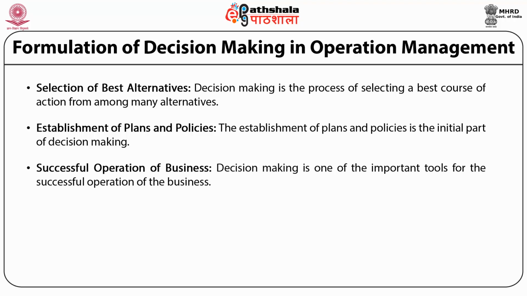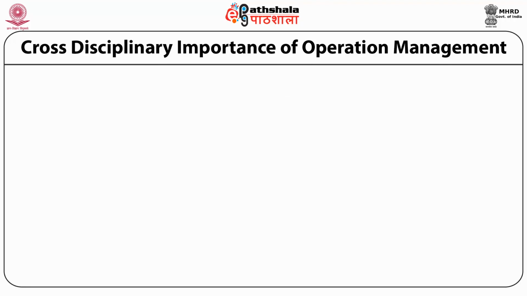Successful operations of business. Decision making is one of the most important tools for successful operations of the business. In the course of operations, many problems may arise at different situations and times. Management solves these problems in time by using decision-making tools. Cross-disciplinary importance of operation management.